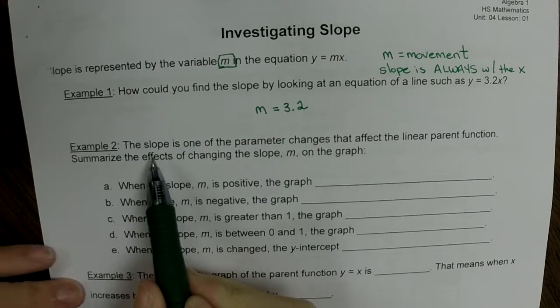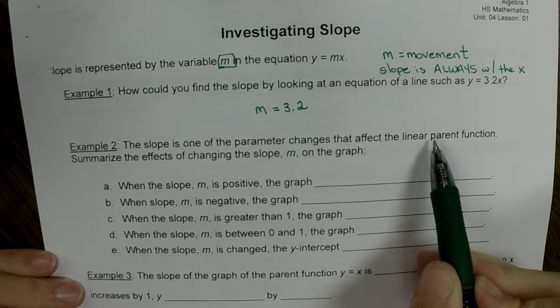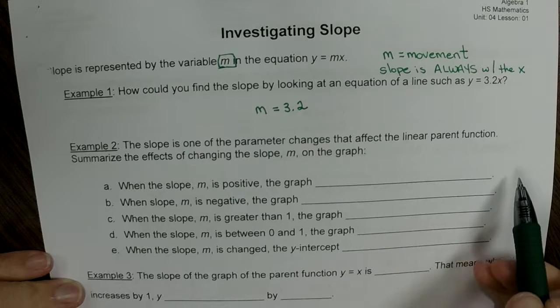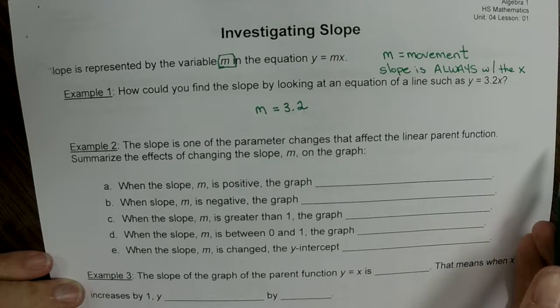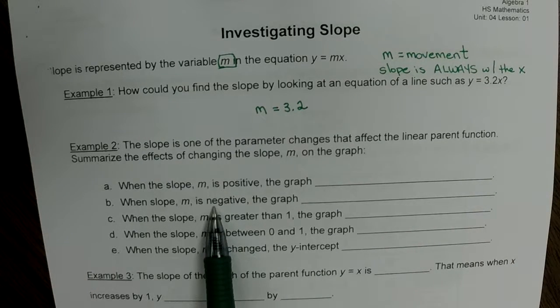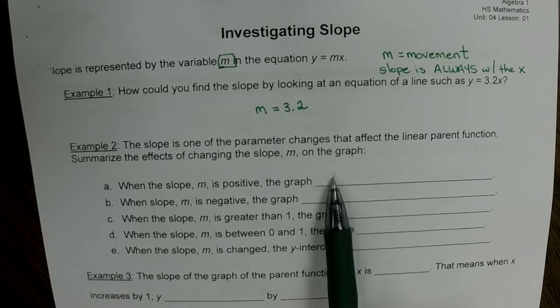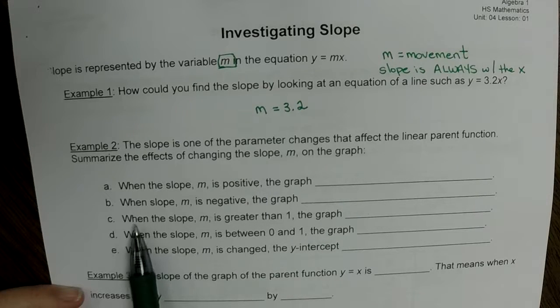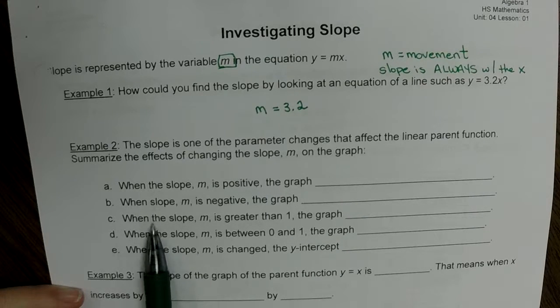Then it says the slope is one of the parameter changes that affects the linear parent function, meaning that it always starts at 0 and increases up 1 over 1, unless we start to change the slope. So positive and negative, those are on your notes for 4.1, so you can describe the graph of what happens. But these are the two that I'm not sure that you understand.